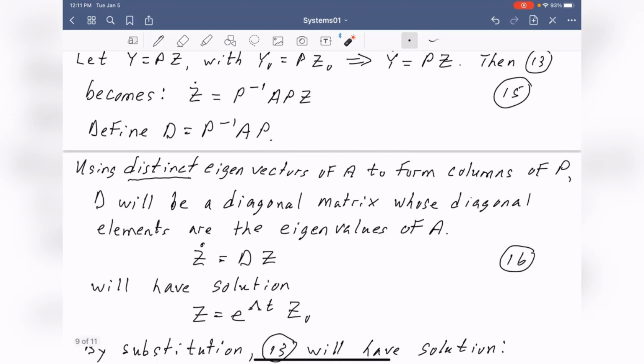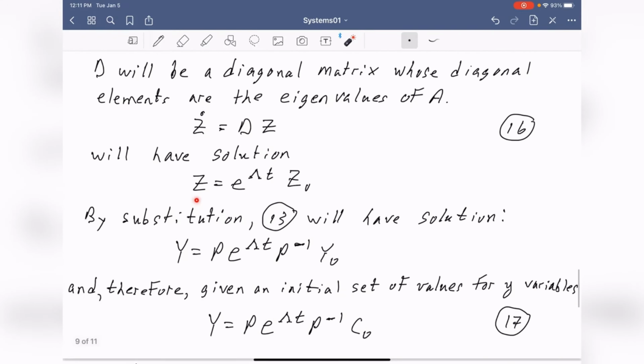Using distinct eigenvectors of A to form the columns of P, D will be a diagonal matrix whose diagonal elements are the eigenvalues of A. So then we have z dot is equal to D times z, and that has the solution that z equals e to the capital lambda t times z0.